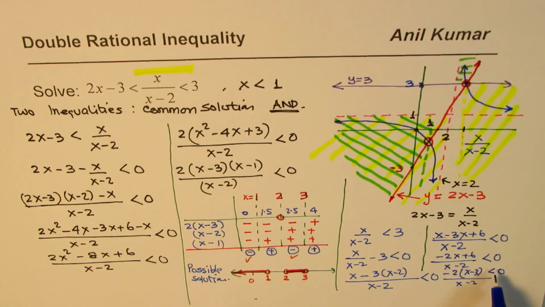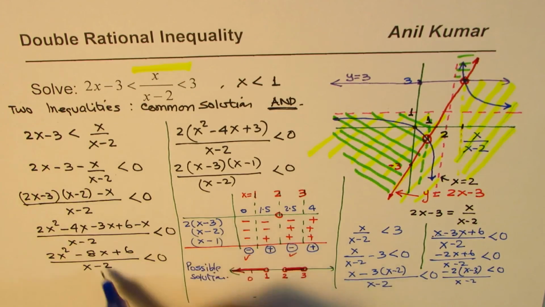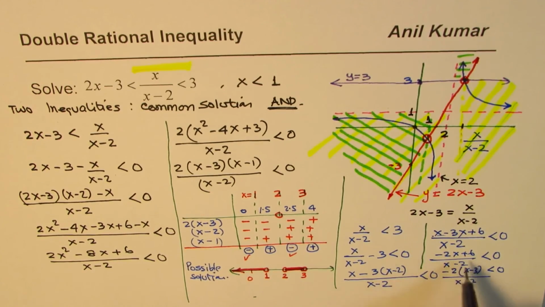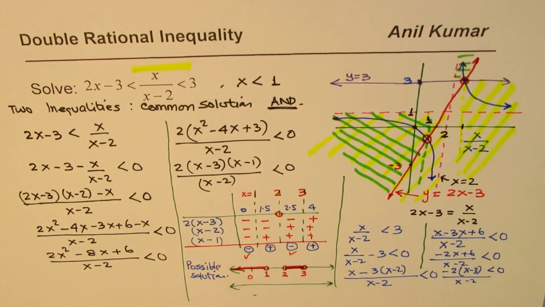Since we ran out of space, we'll not continue with this, but you can do similar calculations as we did here. And the solution which you will get on this side, let me represent here on a number line. So we're representing the right side solution now here on the number line.